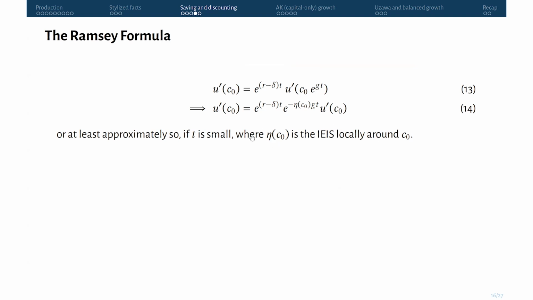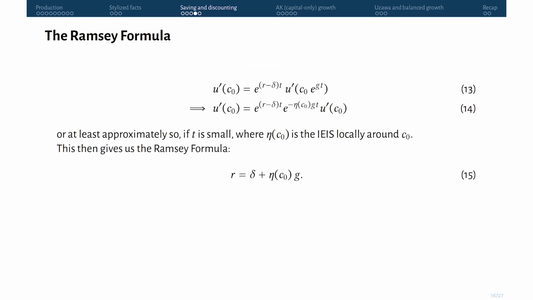And eta can be flexible. It can vary depending on how much consumption you're starting from. But this will always hold, or at least it'll always hold for small values of t. If you differentiate with respect to t, you end up getting this for t around 0.